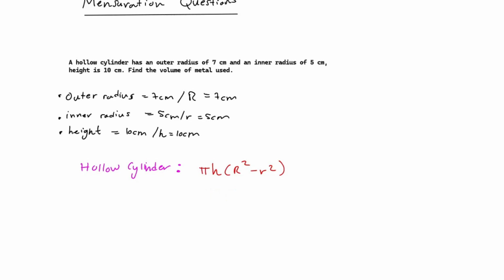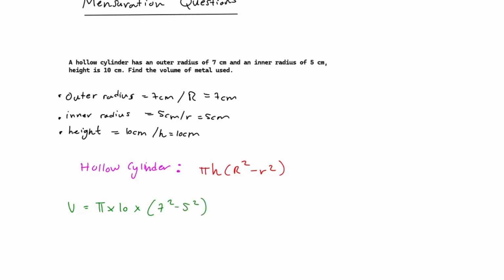Okay, so remember, this is our formula, and you could of course derive it. So let's now plug in our values to figure out our answer. So therefore our volume is going to be equal to pi times a value of 10, which is the height, multiplied, I'm not going to put any units now, times 7 squared minus 5 squared, right?